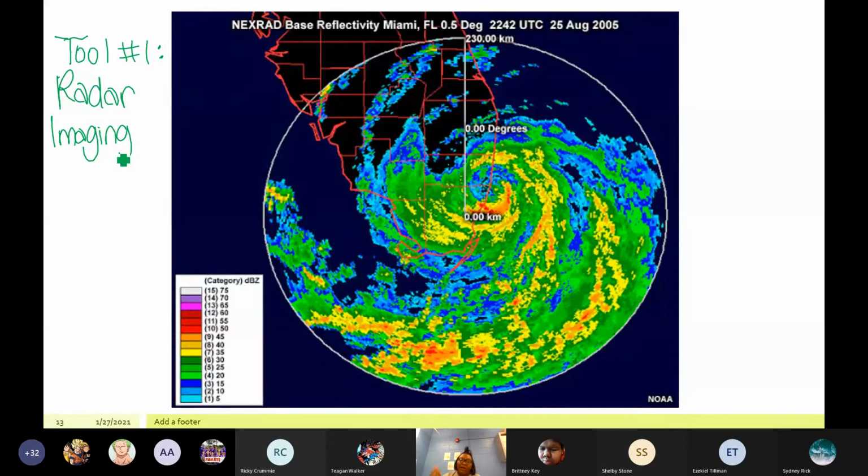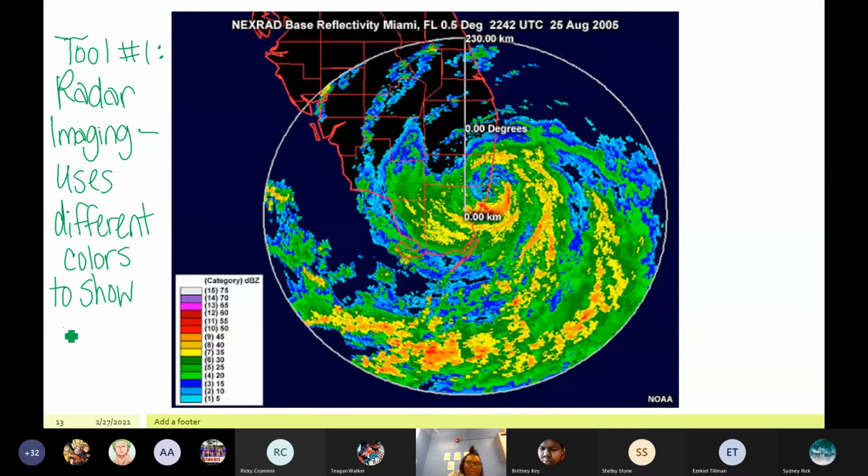And so what we see here, guys, is that we see lots of different colors here. Radar imaging uses different colors to show different temperatures.